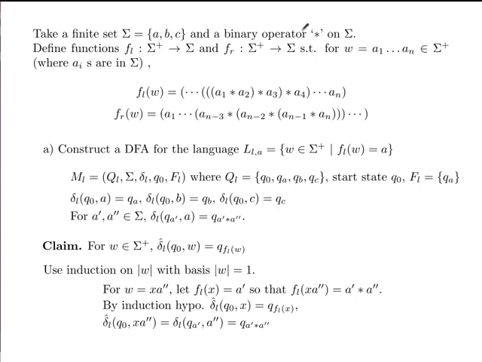This is a binary operator, so the value is also from somewhere here, right? And if you are multiplying this, the value is either a or b or c. So I'm taking those strings for which this left side product is a. Okay, so this I say L left a.